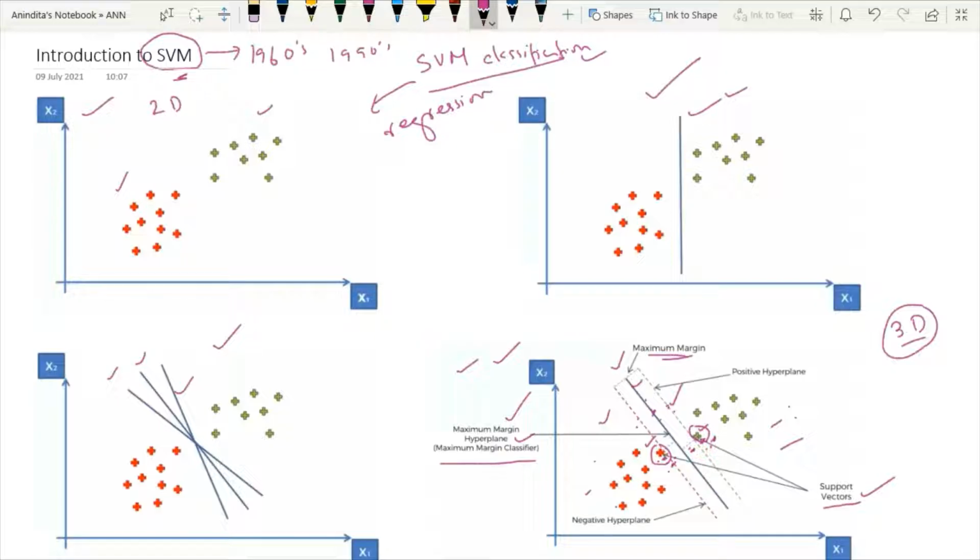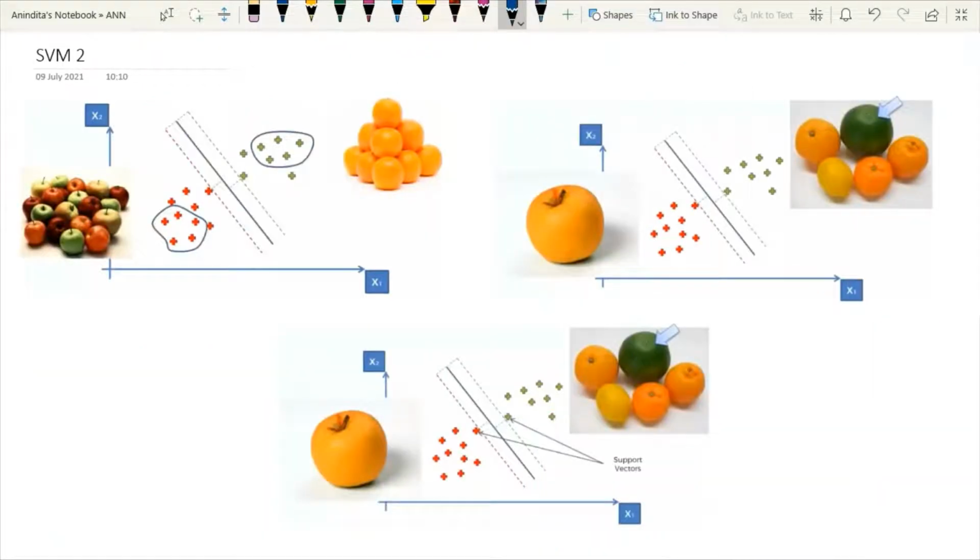Now we have some more concepts about support vector machine, which are very, very important. First, we have to understand what is so special about this SVM algorithm and why it is different from other algorithms. Say we are trying to distinguish between two specific fruits, apple and orange.